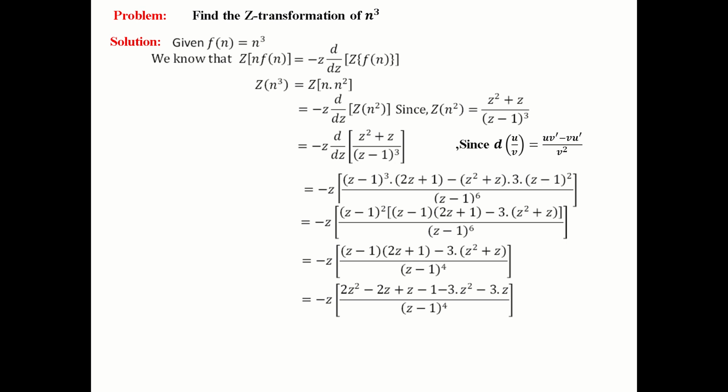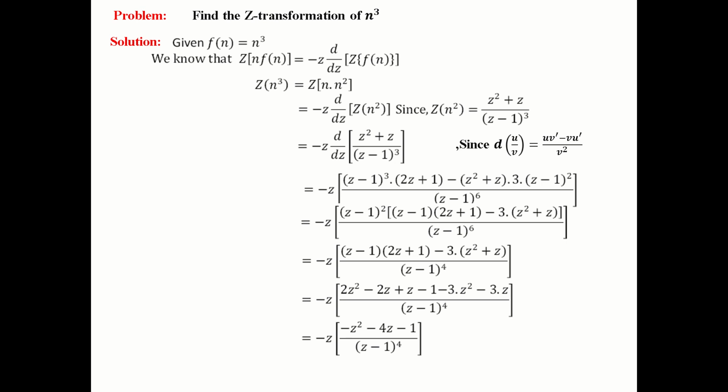Second term, expanding: minus 3z square, minus 3z. So now you will get 2z square plus z square minus 3z square, which is minus 1 z square.